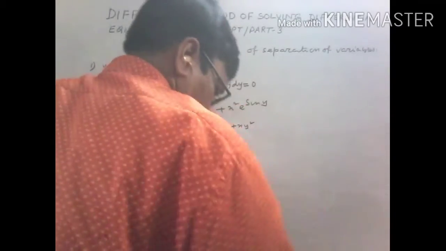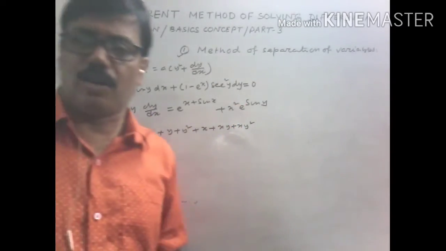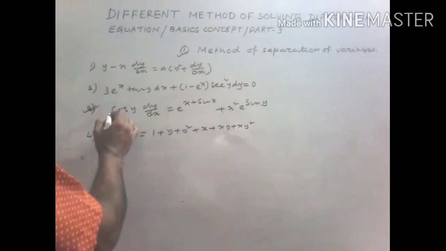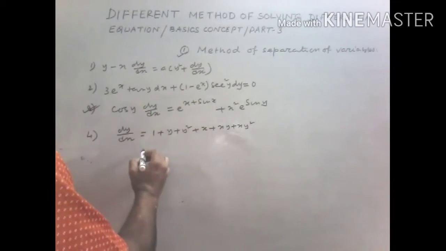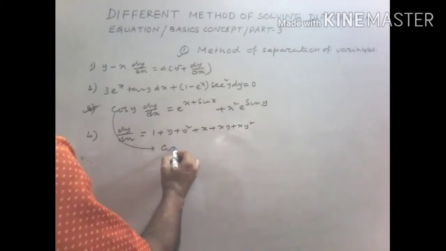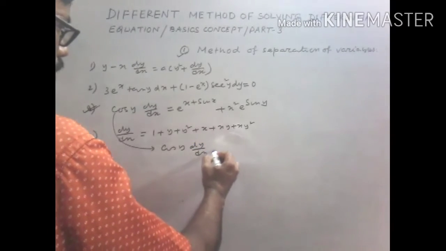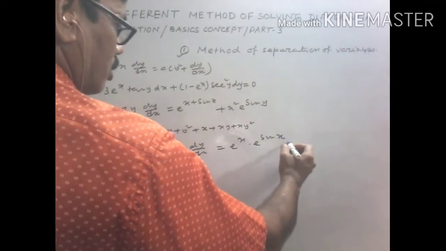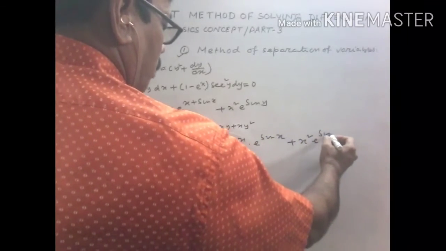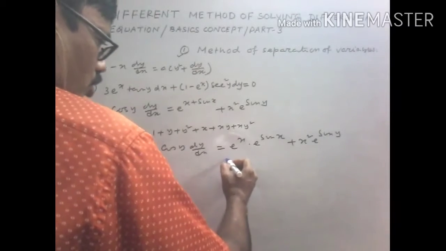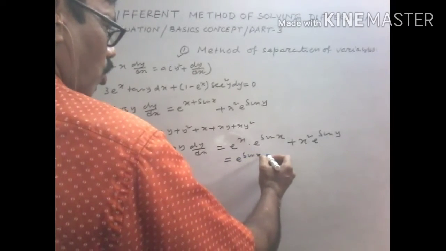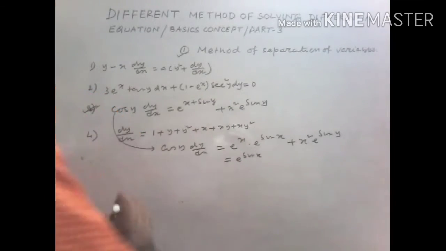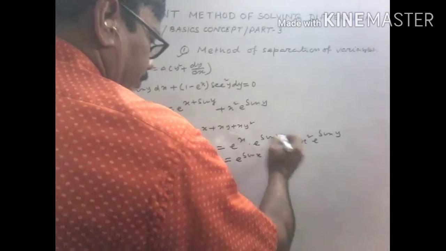Now problem number 3. They are of the same type, very simple. You need an idea of basic integration only. So cos y dy by dx equals e to the power x into e to the power (x square) into e to the power sin y, correct it, this is sin y.